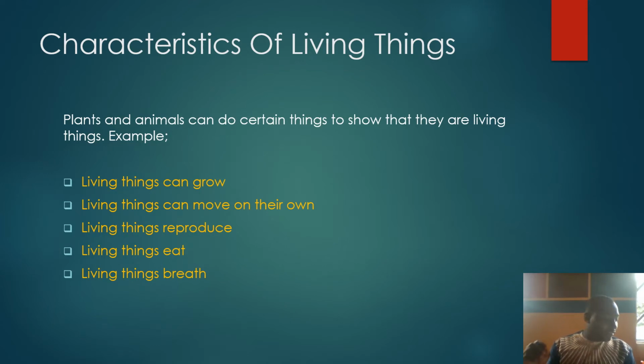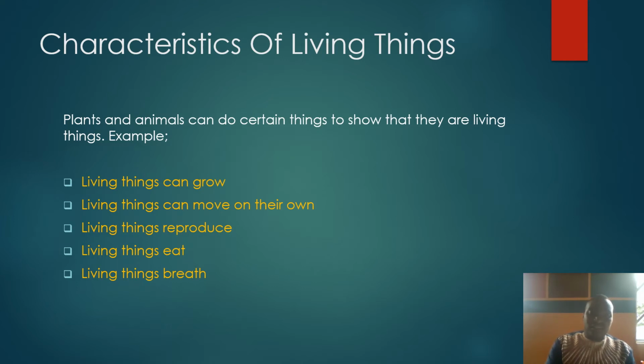When we plant a seed in the soil, it germinates into seedlings. After some time, the seedlings also grow into young plants. The young plants also grow to become big plants. So that is a typical example of how plants grow, which shows that, of course, all living things grow.